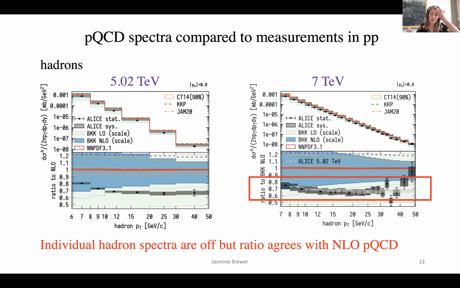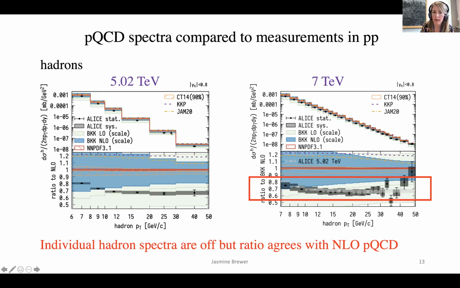What we first did is look at the comparison of the perturbative QCD spectra to actual measurements in pp, before going forward and trying to calculate spectra which haven't been measured. These plots are a bit busy, but on the left I'm showing hadron spectra at 5 TeV and on the right 7 TeV.